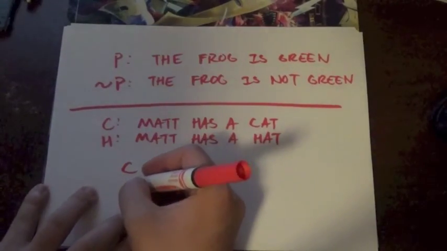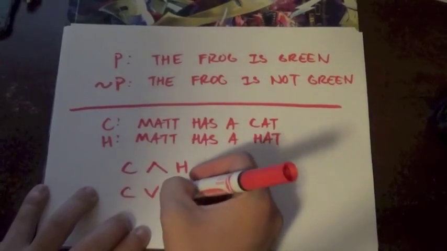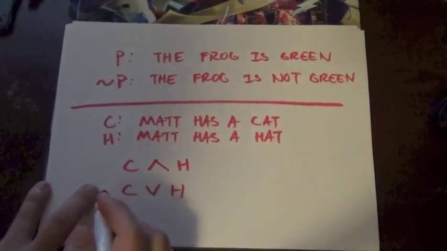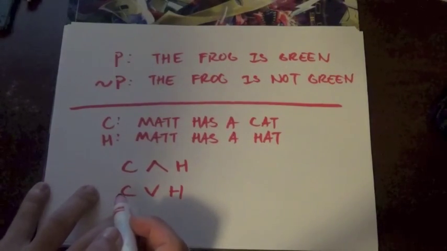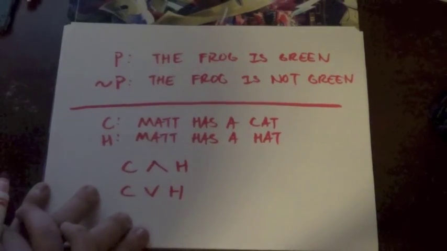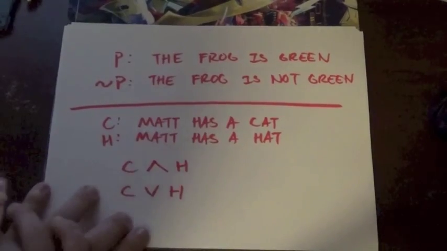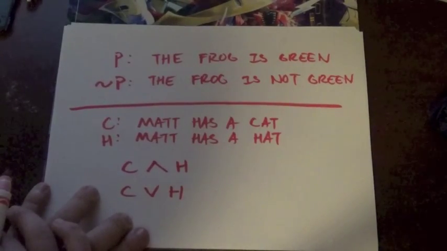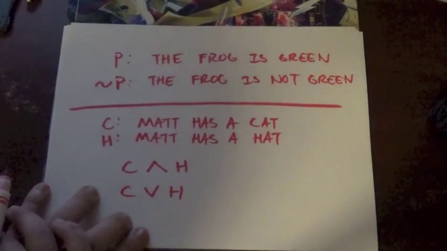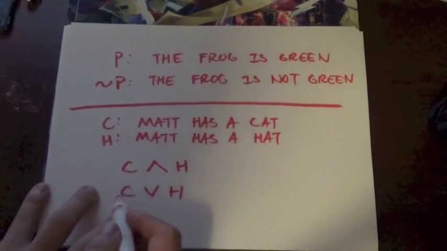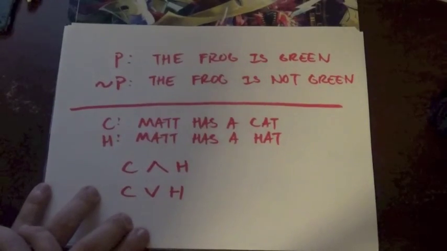What would still be true is the or statement. If I said Matt has a cat or a hat, this statement would be true whenever one or both of C and H are true. The only time the or statement will be false is if both sides are false.